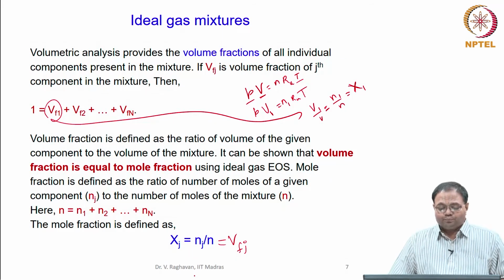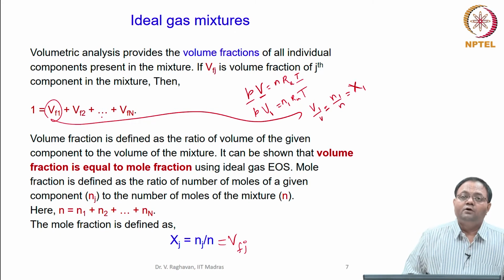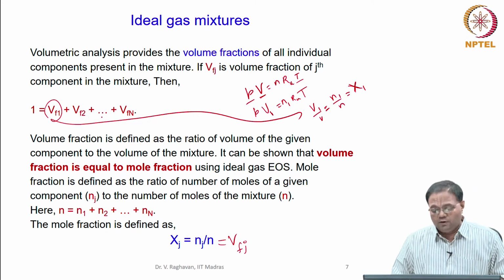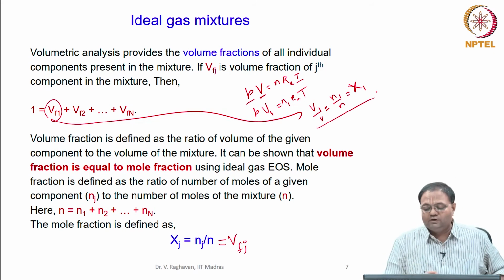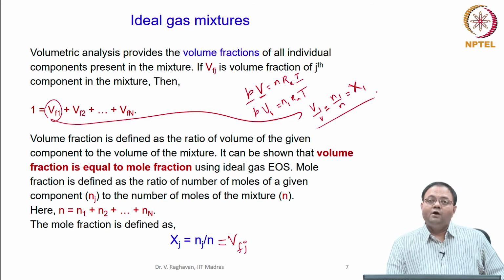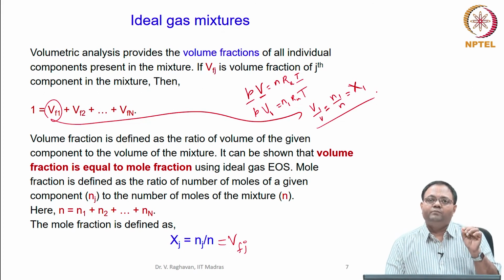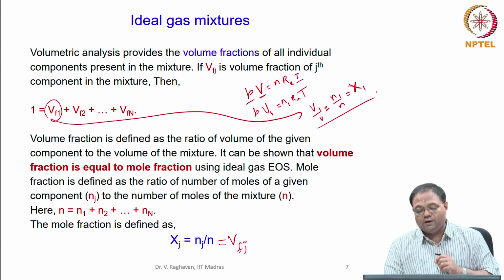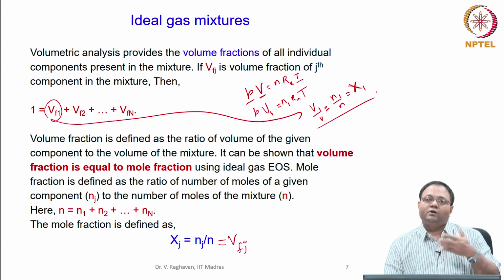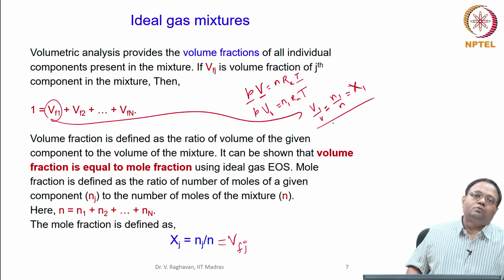Then by volumetric analysis you will get the volume fractions of each and every component, and we have just shown here that the volume fraction is nothing but the mole fraction. By the simple experiment, when you keep the pressure and temperature constant and see what is the volume occupied by a particular gas mixture or individual gases, then you can show that the volume fraction is equal to the mole fraction.